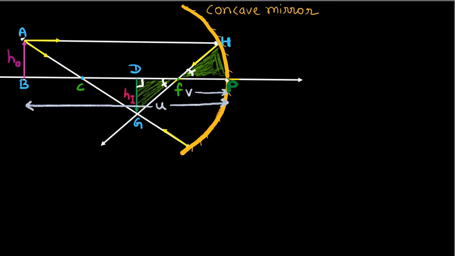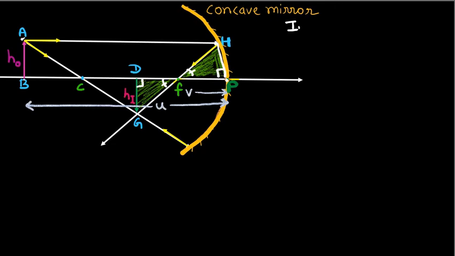HP is not a curve, it is a straight line, because the mirror formula is for mirrors of small aperture. So HP is approximately a straight line which is perpendicular to the principal axis.